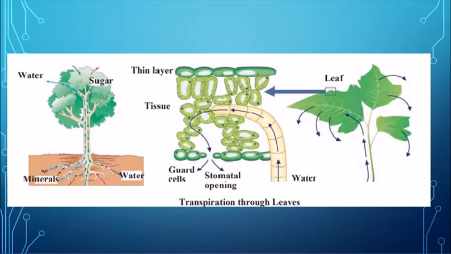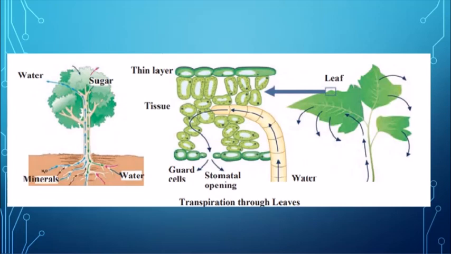Now water is released into the atmosphere by leaves through the process of evaporation, and this is the reason why the water level in the epidermal layer of the leaf decreases. Then again the water is brought up by the xylem. Transpiration helps in absorption of water and minerals and their distribution to all parts of the plant.